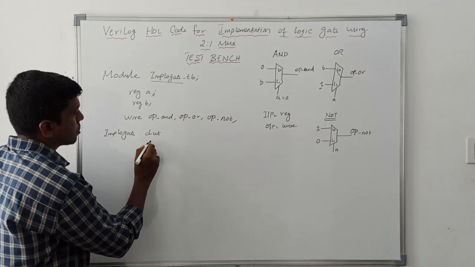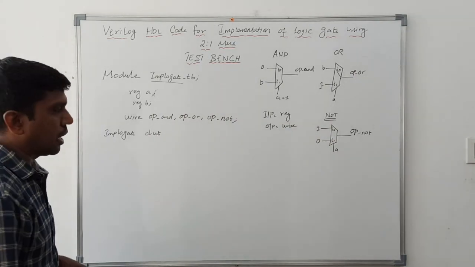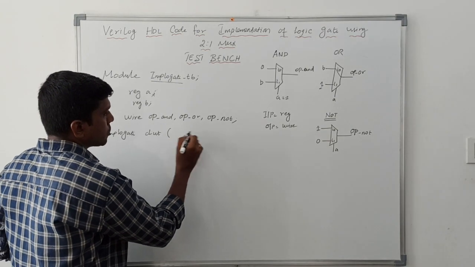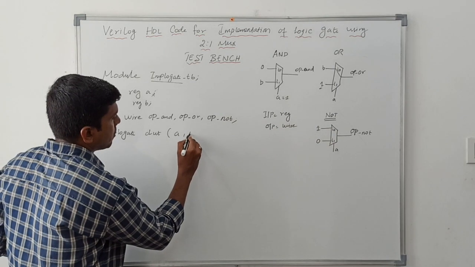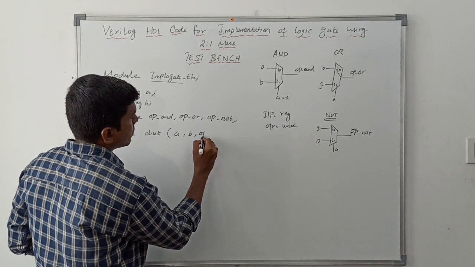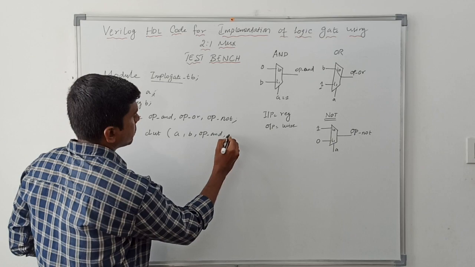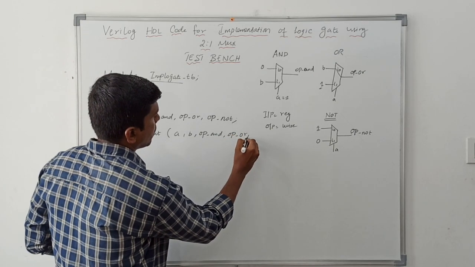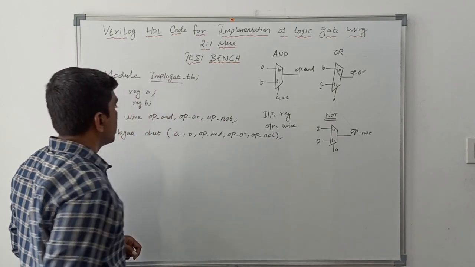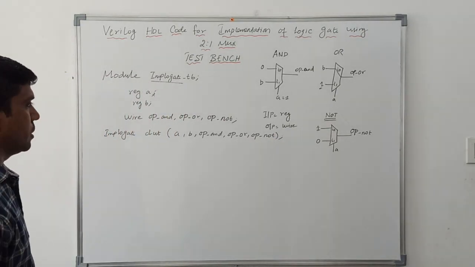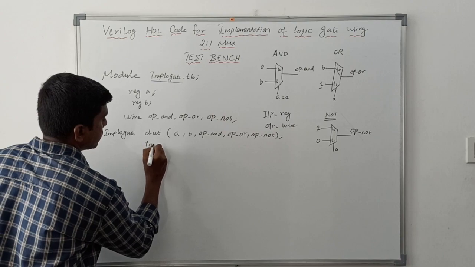Then DUT, which represents device under test. Within the bracket we write the instantiation: A, B, output and, output or, output not. So that is the declaration of instantiation.